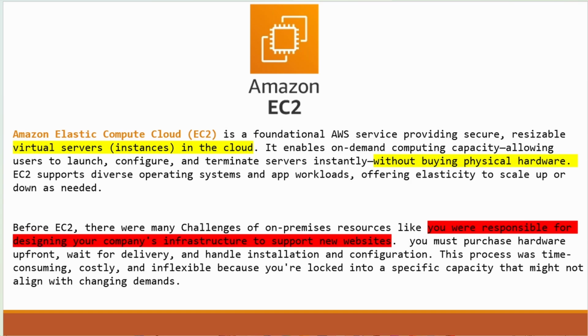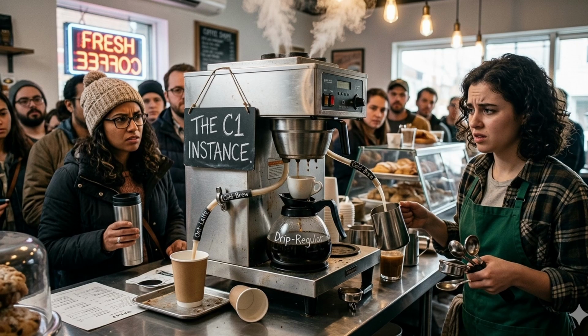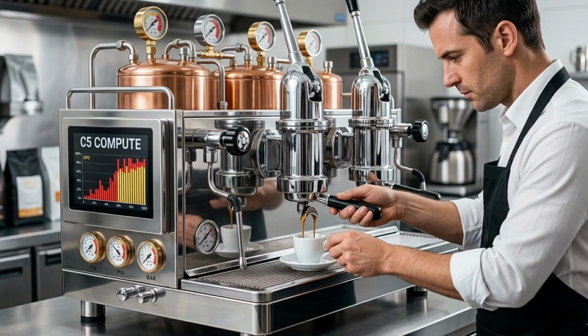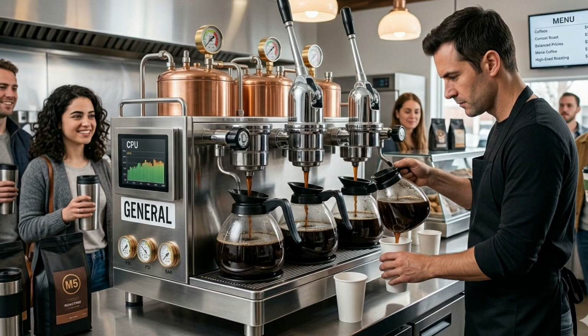Now that we have learned about EC2, let's peel the onion back and discuss the types of instances. Visualize EC2 instances as different types of coffee machines in your coffee shop. Customers like variety. Not all of them drink the same thing, so we need more than just one type of coffee machine. For example, you will need a high-powered espresso machine for those who want espresso shots.